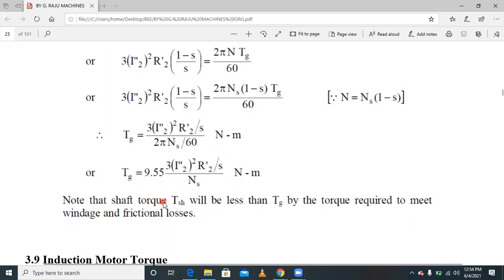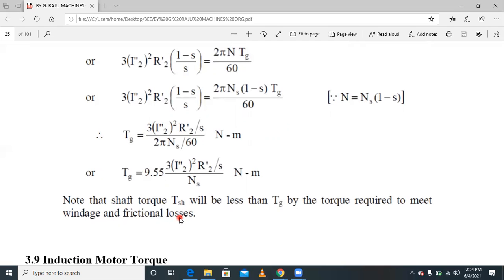Note that the shaft torque will be less than the gross torque, because of the torque required to meet windage and frictional losses. So the gross torque is more than the shaft torque, otherwise said, the shaft torque is less than the gross torque. The torque developed on the shaft is called the shaft torque, TSH, and the gross developed torque is the total torque. Because of windage and frictional losses, the shaft torque is less than the gross torque.